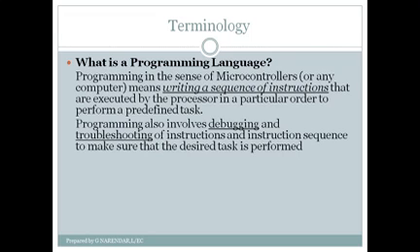So in order to find out where the sequence of instructions has gone wrong, we have to find the problem and rectify it. That is called troubleshooting. So overall, we can say that programming in the sense of a microcontroller means three things: writing a sequence of instructions, debugging the errors, and troubleshooting the program.